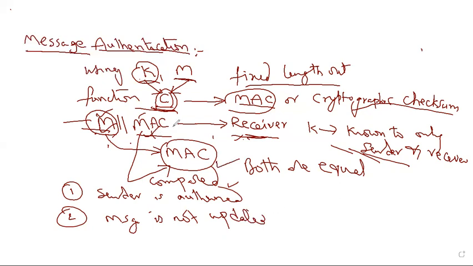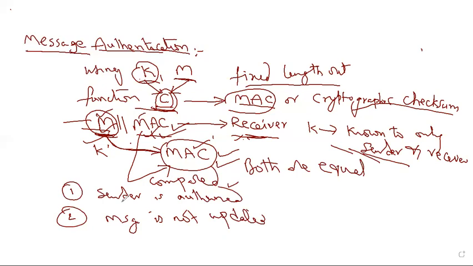Because finally he is comparing the received MAC with the generated MAC. If the message is updated, then he generates a MAC code from the MAC function with the help of key K, but that MAC code is not going to match the received MAC, so he immediately feels that this message was updated by a third party, right?